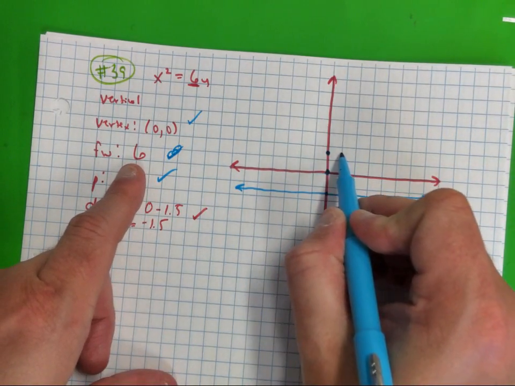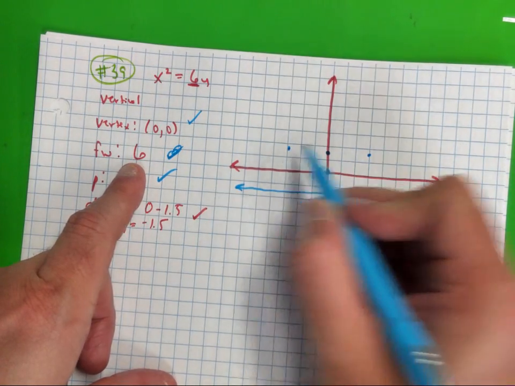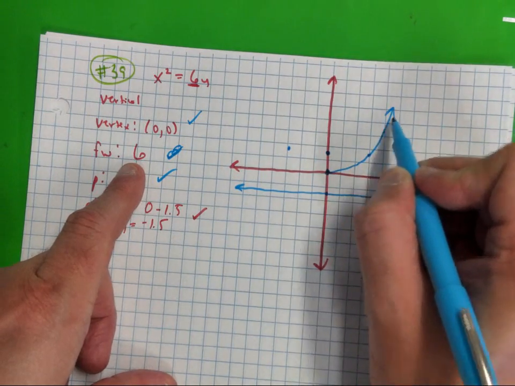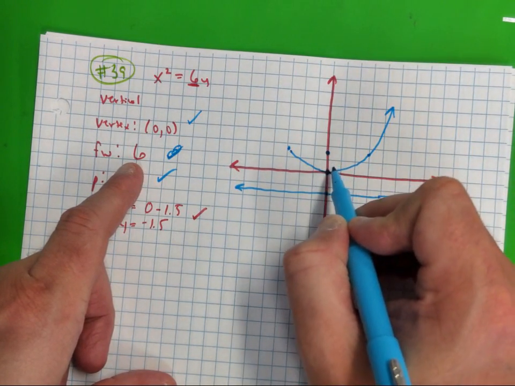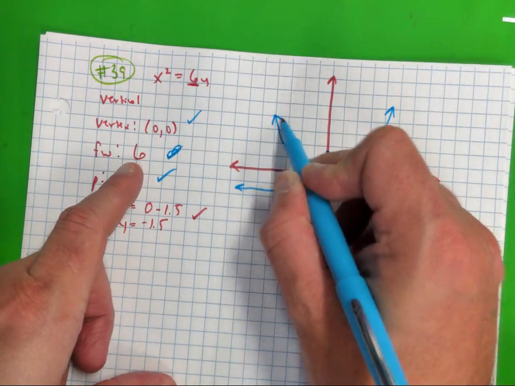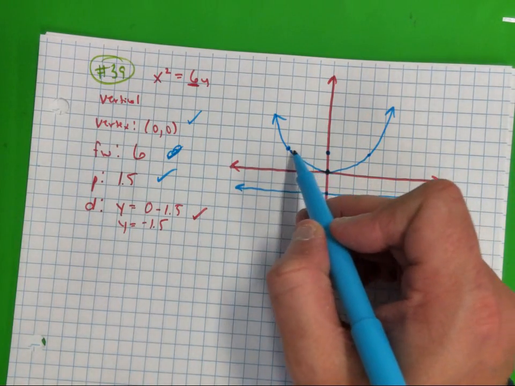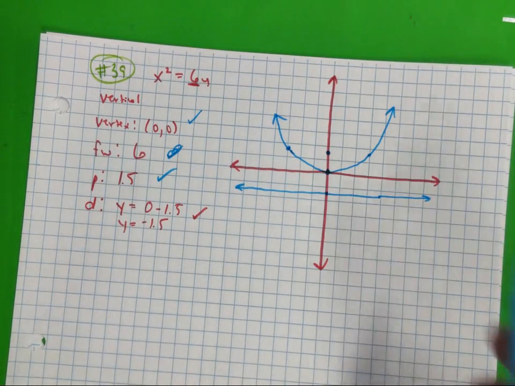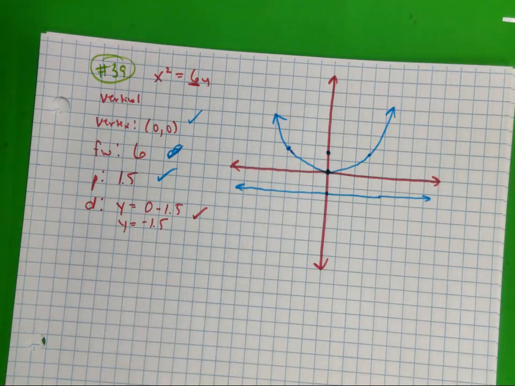That means I'm going to go 3 on this side, 3 on this side and draw my parabola. Because here, 1, 2, 3, 4, 5, 6. Focal width 6.